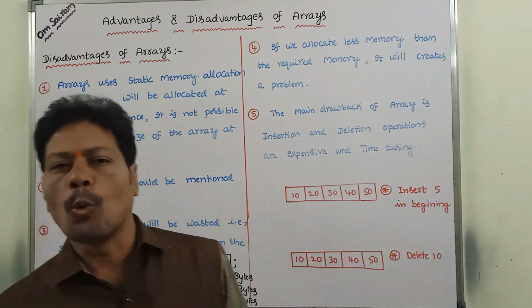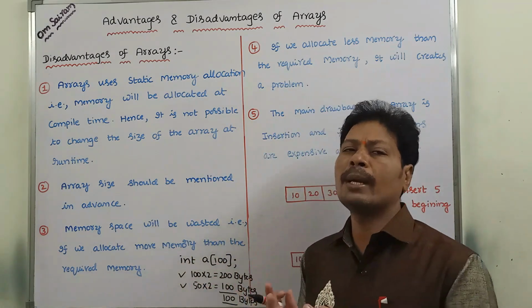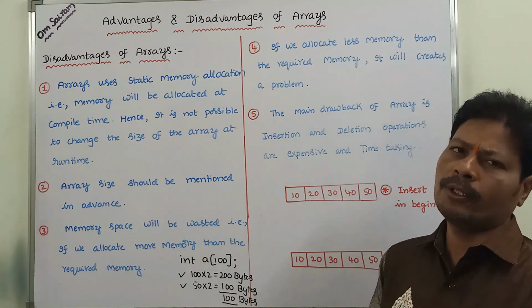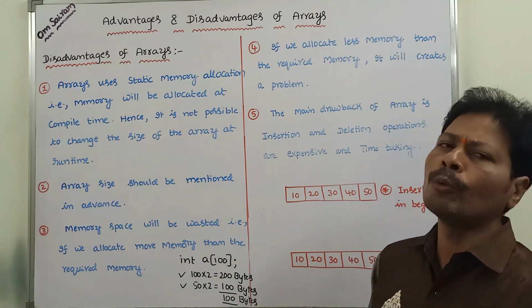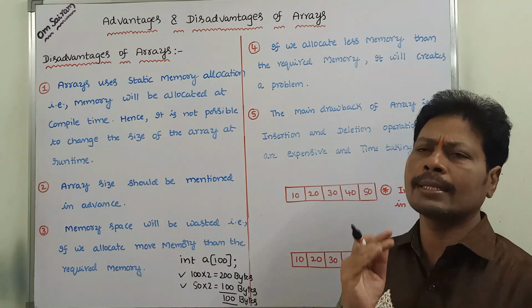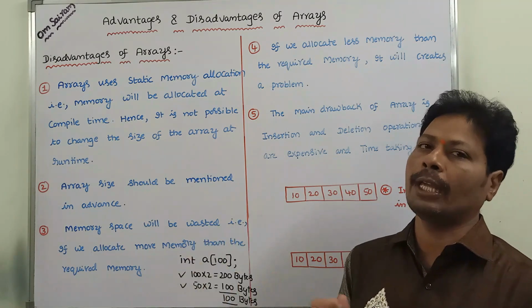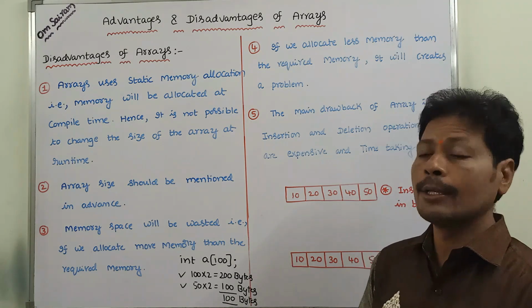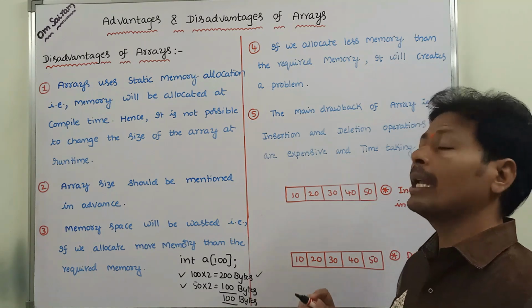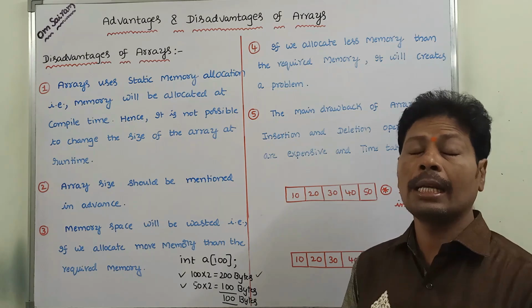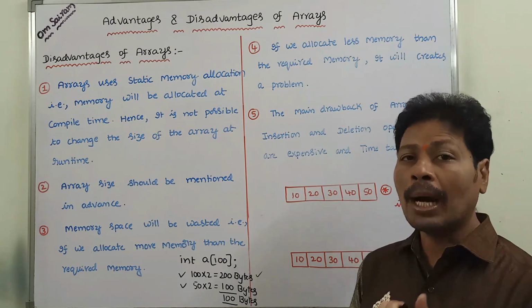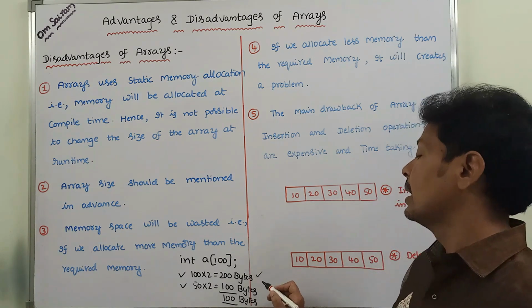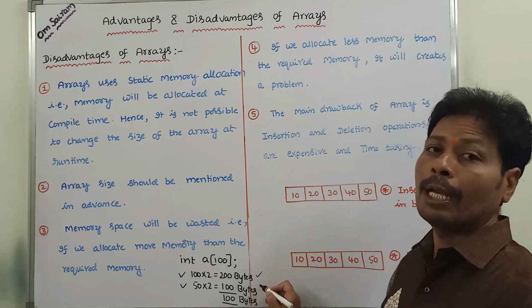You already know how many elements we want to store, 50. At that time, we should declare the array size as int a of 50. But if you declare int a of 100, 200 bytes of memory will be allocated at compile time, but you require only 100 bytes for storing 50 elements.